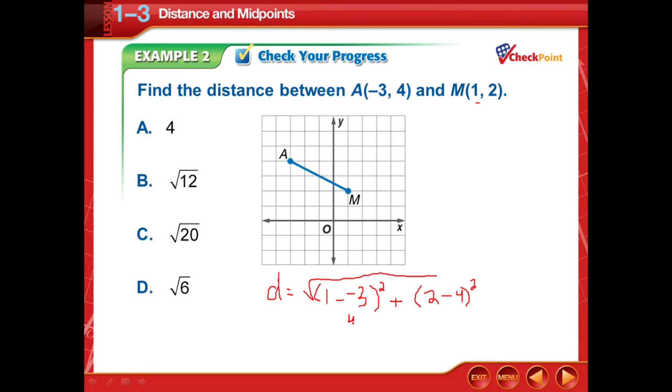This gives you 4 squared plus -2 squared, all underneath the radical still, which gives you the square root of 16 plus 4, which simplifies to the square root of 20, or C.